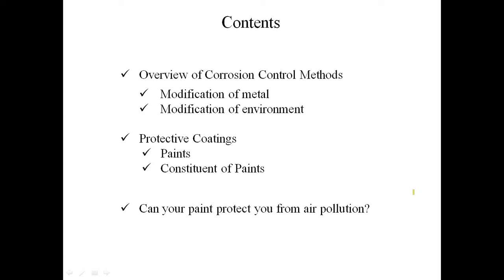One is by modifying the metal's property or metal's behavior, and the other one is by modifying the environment itself. And we will discuss how we can use protective coatings to protect the metal surface, such as paints and its constituents. And we will finally discuss whether the paint you use can protect you from air pollution or not.